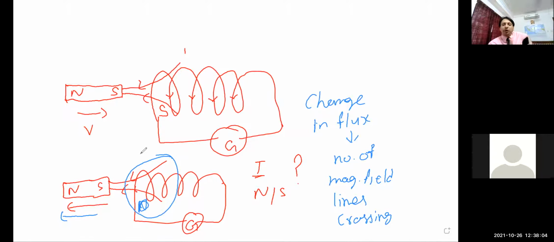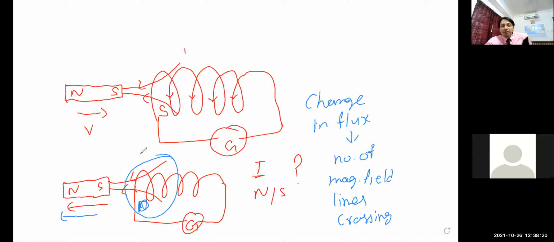During this variation of the magnetic field lines, or of the flux, what happens? Current is induced, that is the EMI. Changing magnetic flux is responsible for the current to be induced.